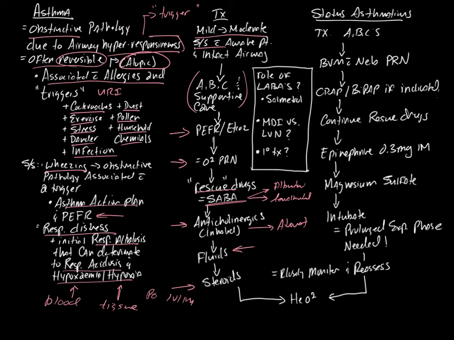Or what some people will do is just give an adult patient 125 milligrams Solu-Medrol. Hydrocortisone or Solu-Cortef might be used, which is generally 100 milligrams in an adult patient. There are oral steroids as well, like prednisone and prednisolone. Are steroids for acute management, though? No, they're for chronic management.